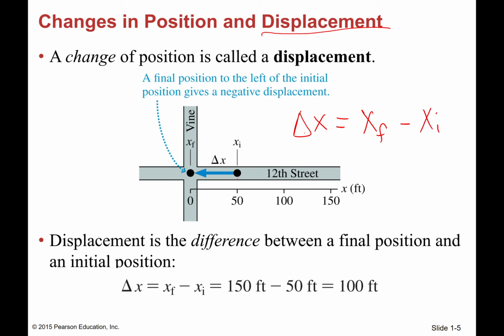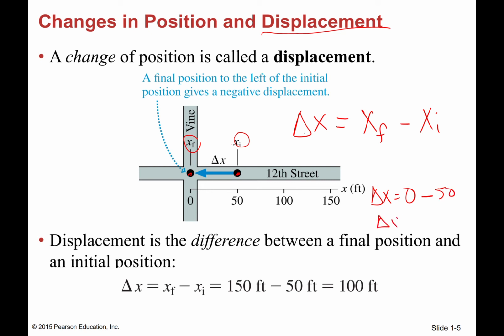For instance, here you have this car that moved from this point to this point. So this is your initial position. This is your final position. The change in position for this car here would be what? Would be 0, right? That is your final position, finishes at 0, minus 50, which was the initial position, 50 feet.